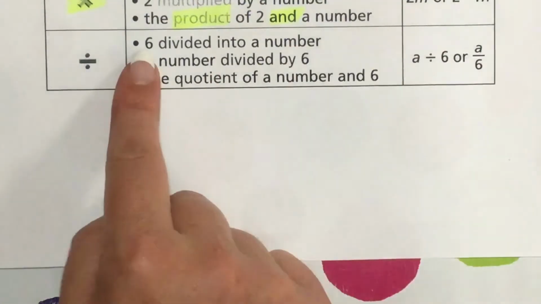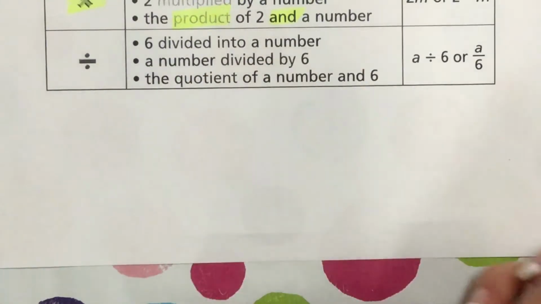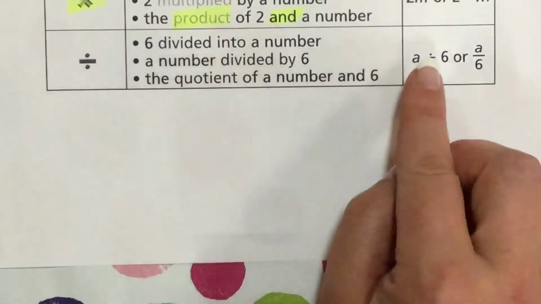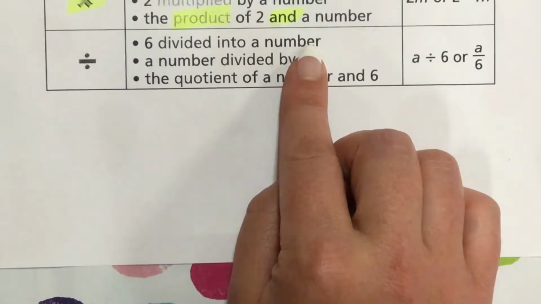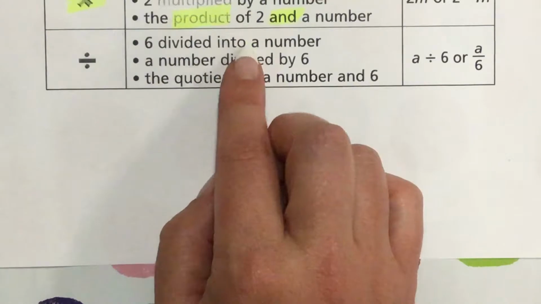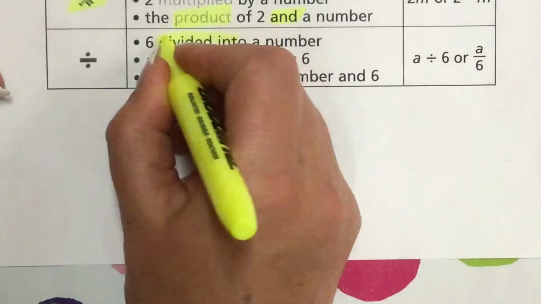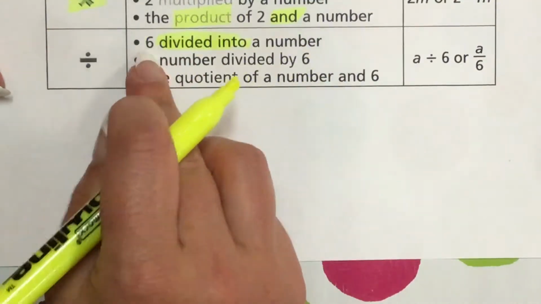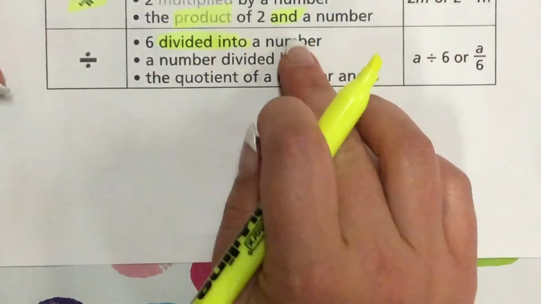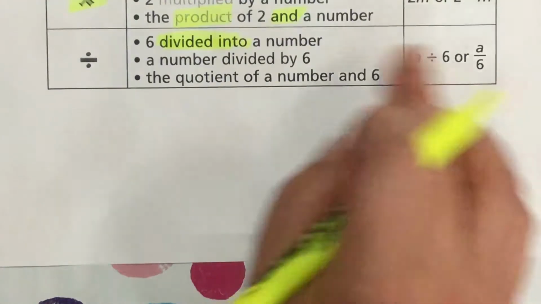So here we go. Division. 6 divided into a number. So 6 is being divided into a number. So we have divided into, that's the key. So it's being divided into a number. We're trying to figure out how many times 6 is going into a number. So that means the number is here and it's being divided by 6.